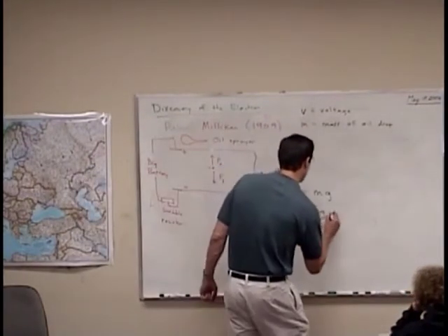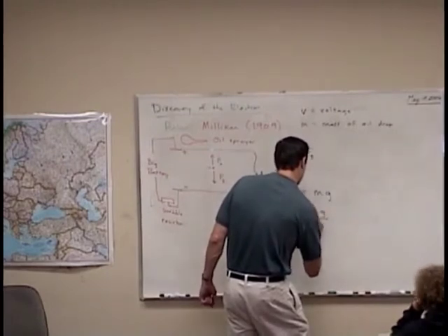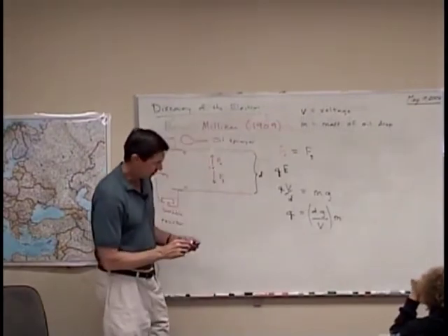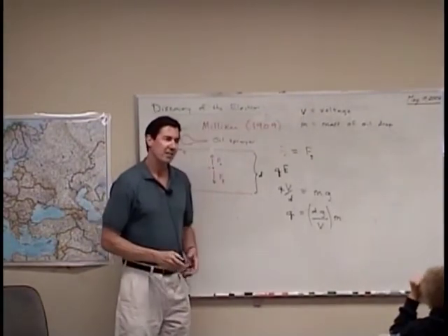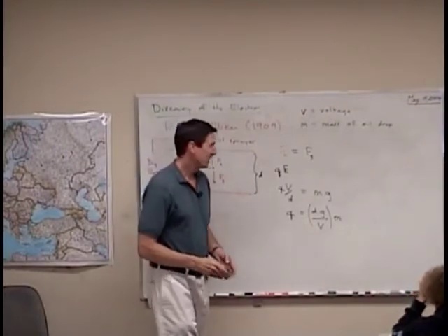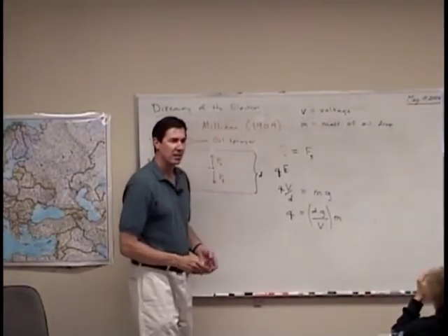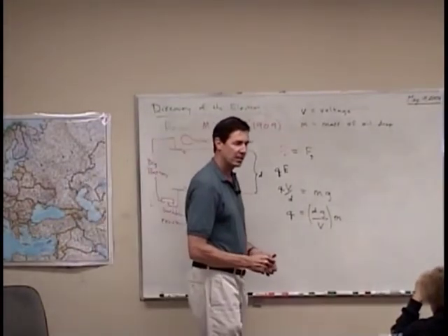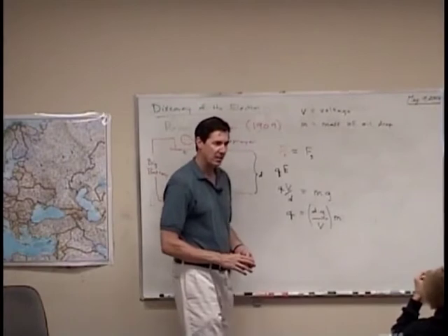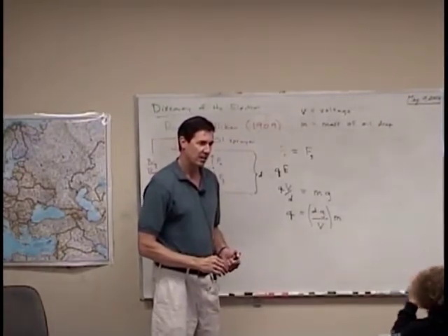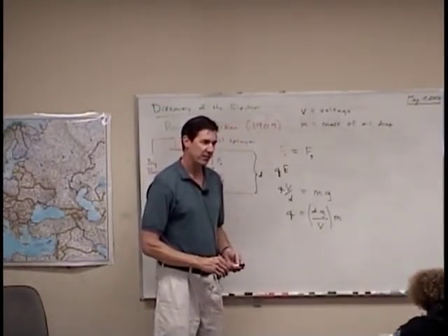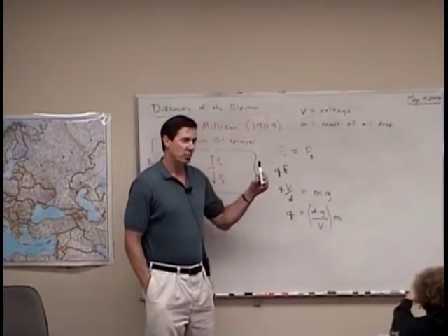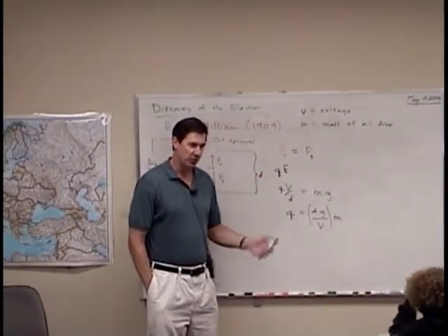So multiplied by the mass of this drop. Now, the gravitational constant is the rate that the speed increases due to the pull of gravity.